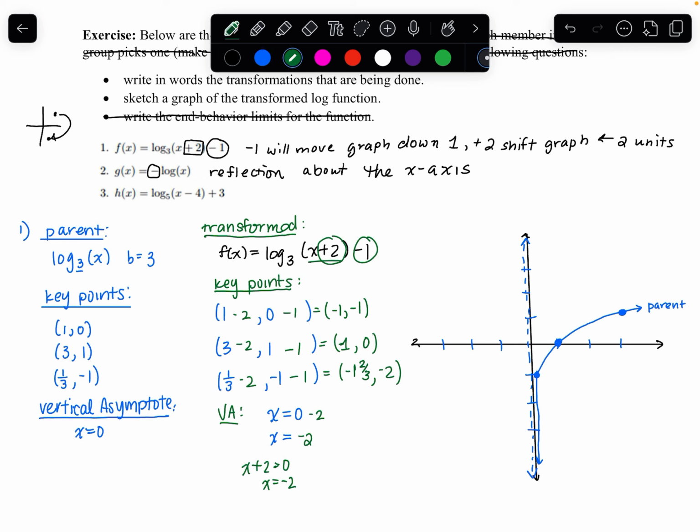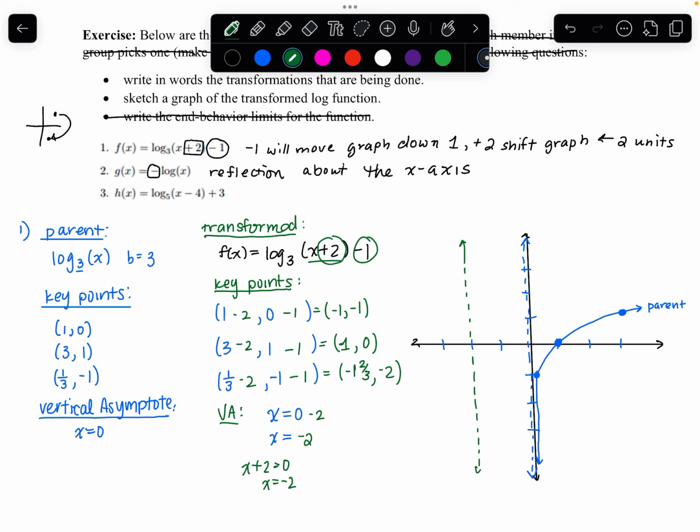For my transformed graph, I'm going to keep up colors, right? I'm going to shift my vertical asymptote over 2. I'm going to shift all these points over 2 and down 1. Should line up nicely with those points that we found, right?